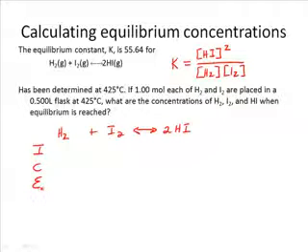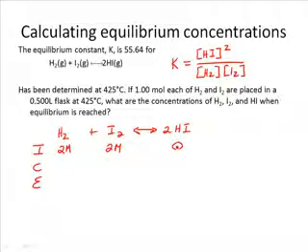See, we start exactly the same way. Now I'm going to plug in my values. I have 1 mole of each, but they're in a 0.5 liter container. So I have a 2 molar solution, or 2 moles per liter of the hydrogen and 2 moles per liter of the iodine, and none of that.